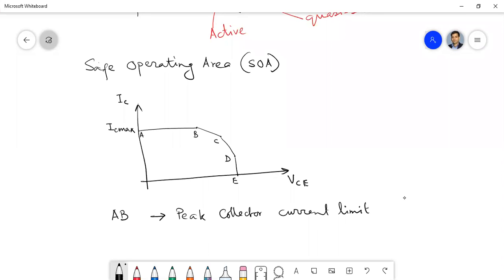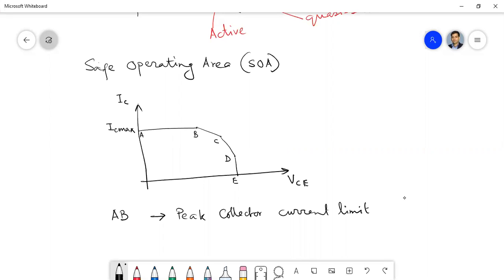That means the current of the transistor should be kept below this limit, otherwise the device can be damaged. That is the maximum value of the collector current beyond which it is critical to use the device.